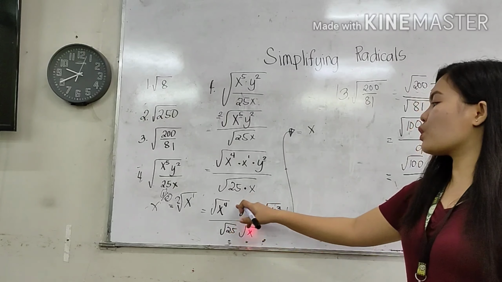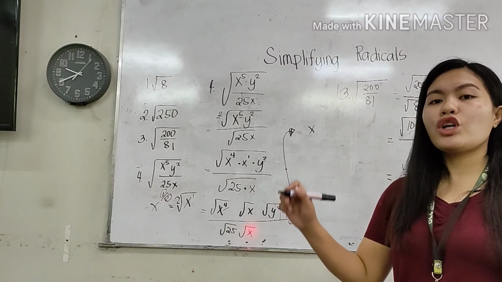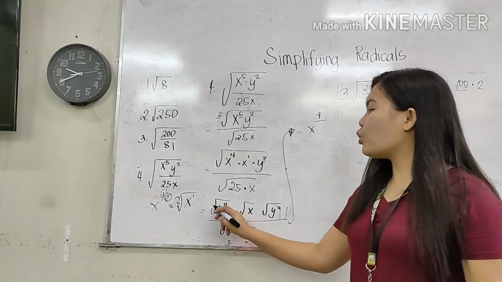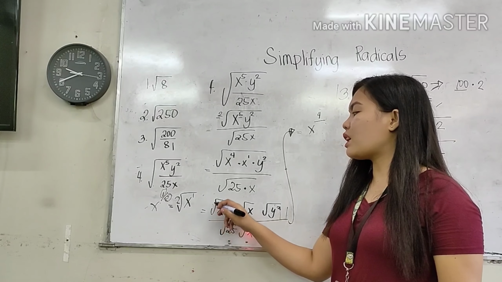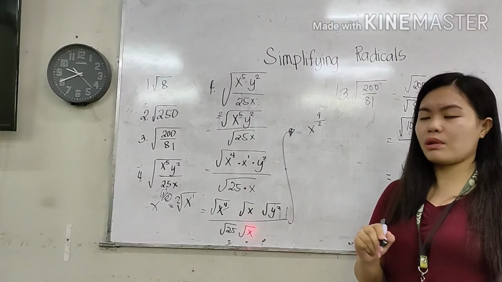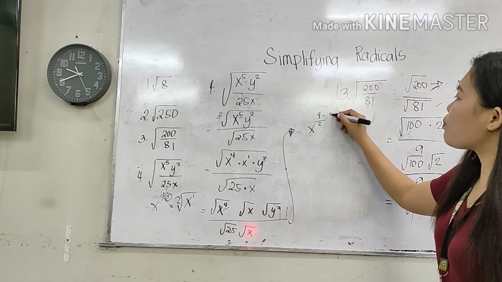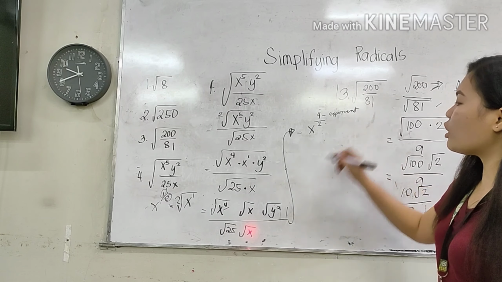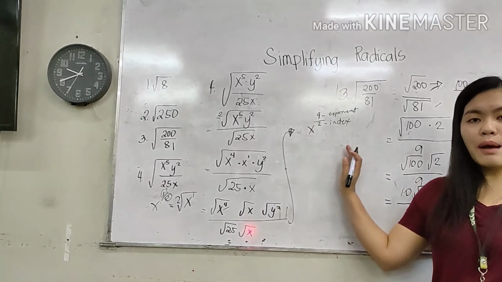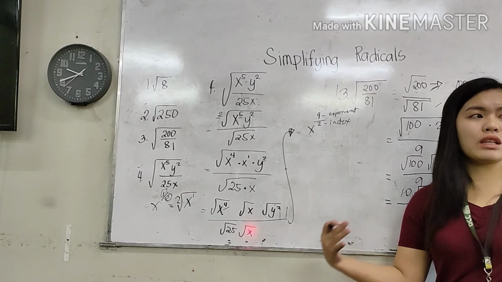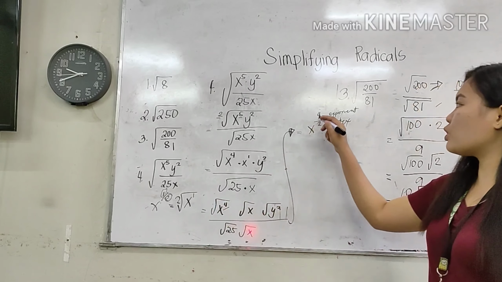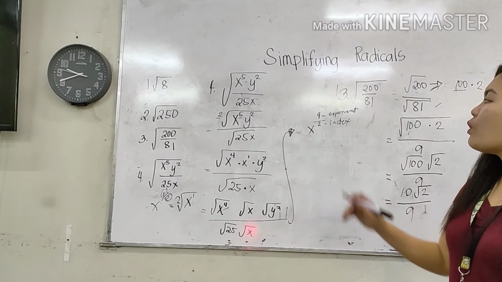We write the exponent of the radicand as the numerator, so we put 4, and the index, if nothing is written, is automatically 2. So we put 2 as the denominator. So where does this come from? This is the exponent of the radicand, and this is the index. So the denominator is the index, and the numerator is the exponent of the radicand. So now, let's move on.